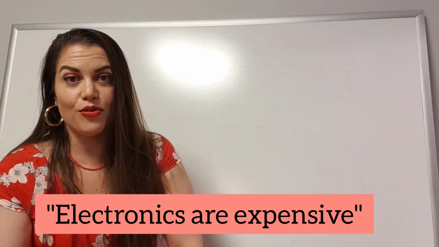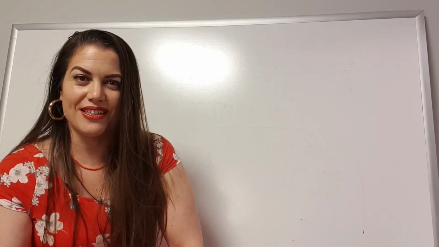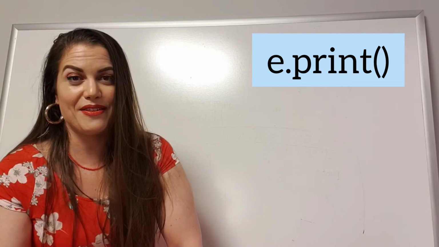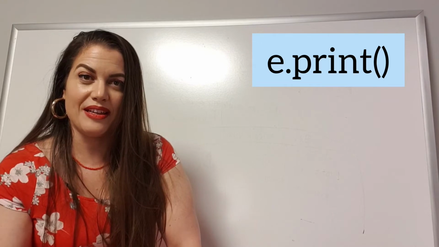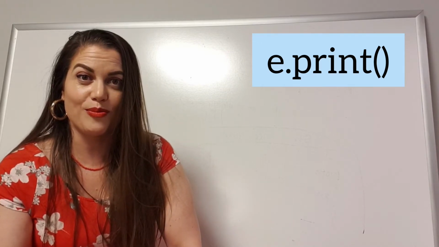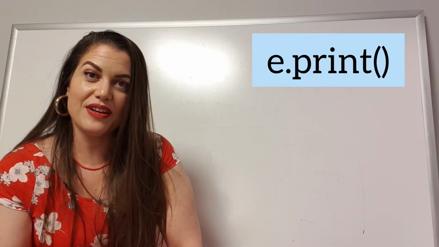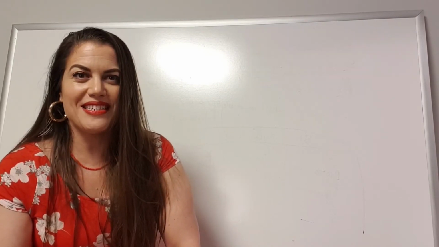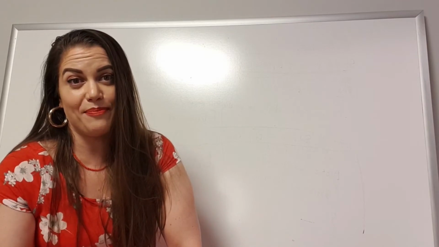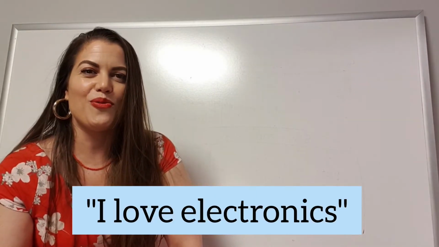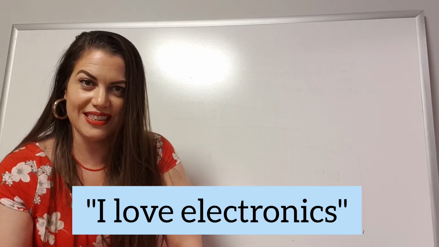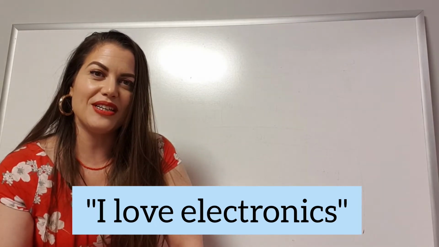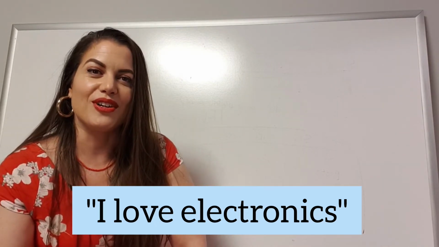And if we will now try to call the method that we called print on this object E of electronics, we will receive the performance that was written in the parent class. So this method print, if we call it on this object E of electronics, will print on the screen the sentence, I love electronics.